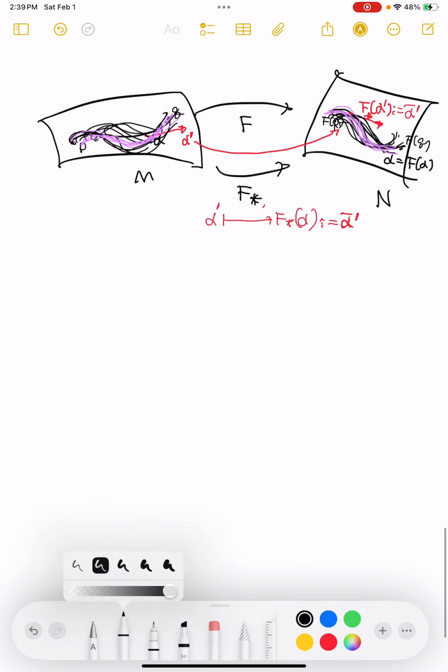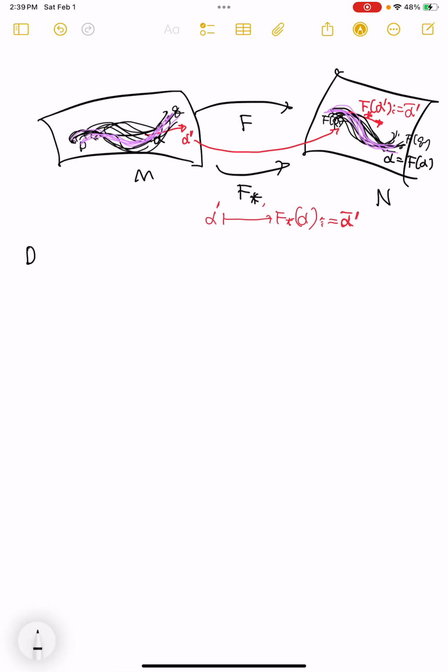Then what is a local isometry? Simply speaking, a local isometry is an isometry but not a bijective mapping.